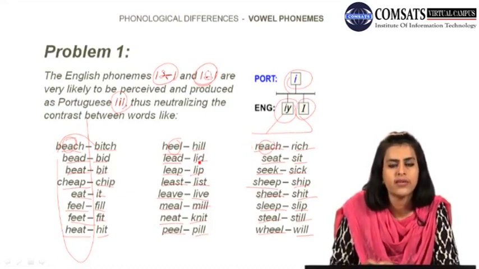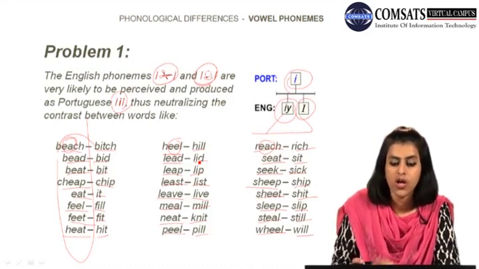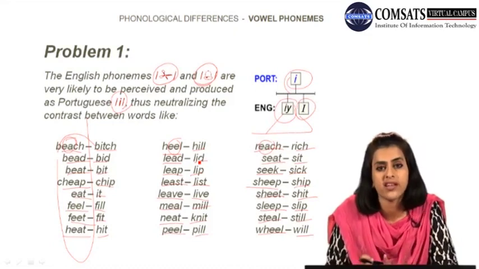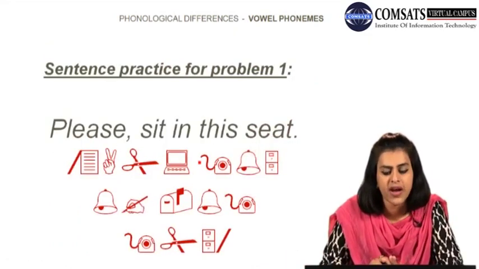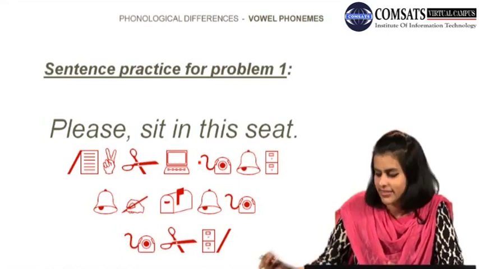So instead of saying beach, that can become bitch, which can entirely change the meaning of the word. So this is one problem between the Portuguese language and the English language. There is a sentence practice for problem number 1. Now please sit in this seat.